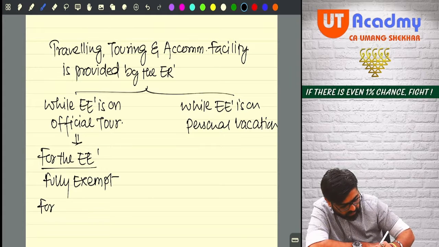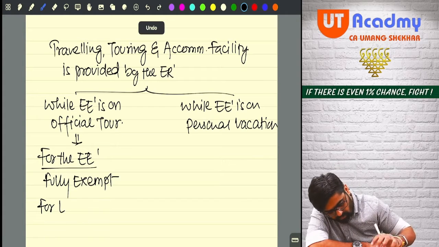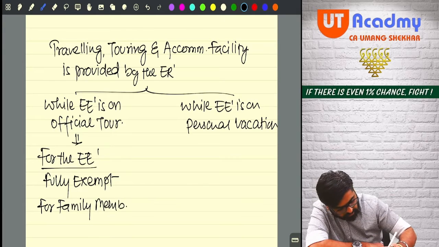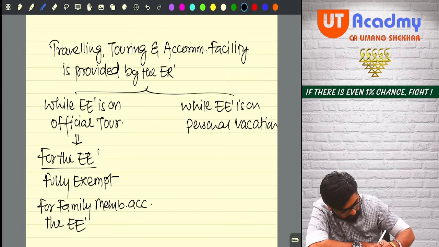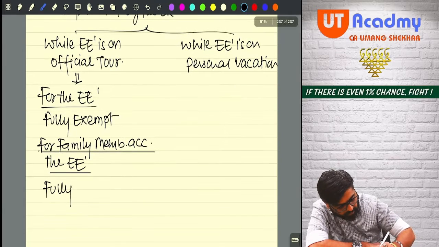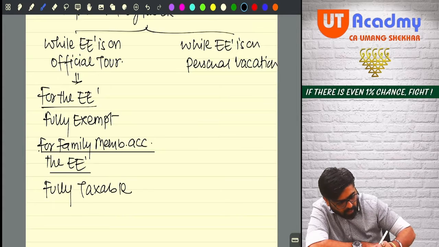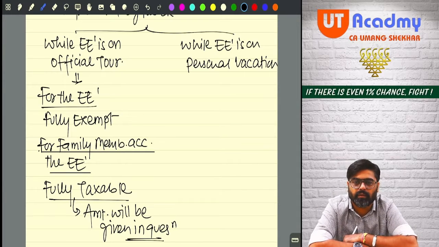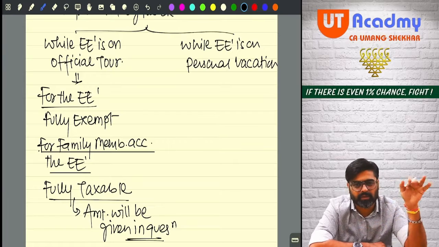And for a family member accompanying the employee, it will be fully taxable. Now how to determine this value? Don't worry, the amount will be given in the question only. Understanding? The amount will be directly given in the question. Just pick up that amount and charge it taxable.